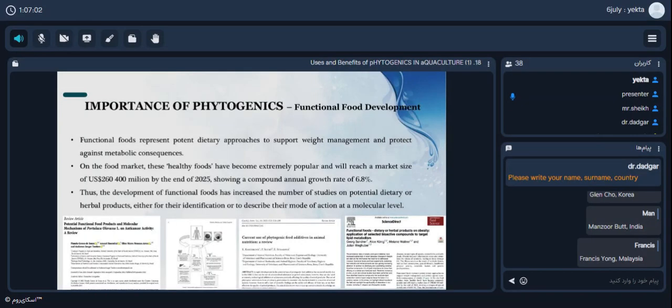Here there is one example of how a product is working against cancer. So this is the future of functional food development, and phytogenics is one of the major sectors which will help to have this kind of development.